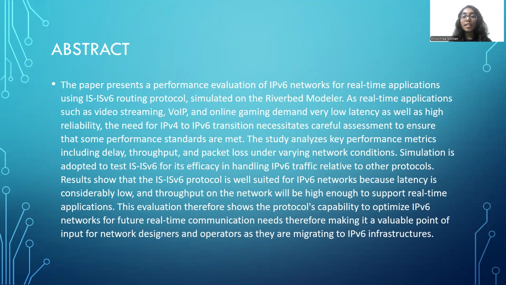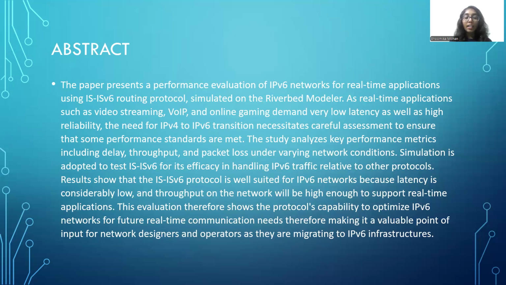The study analyzes key performance metrics including delay, throughput, and packet loss under varying network conditions. Simulation is adopted to test ISIS-v6 for its efficacy in handling IPv6 traffic relative to other protocols.